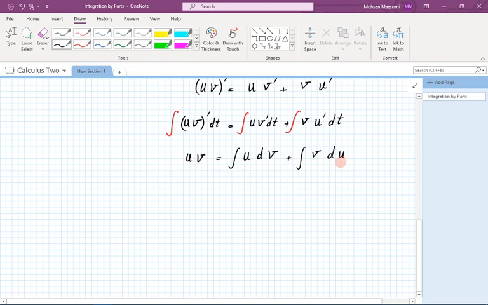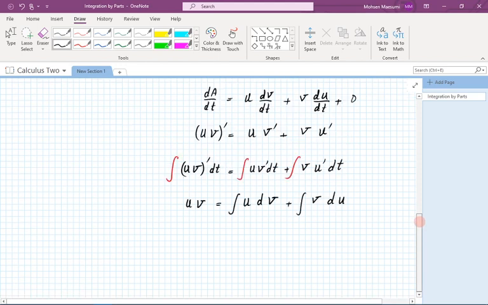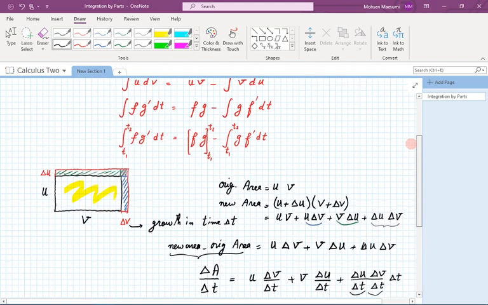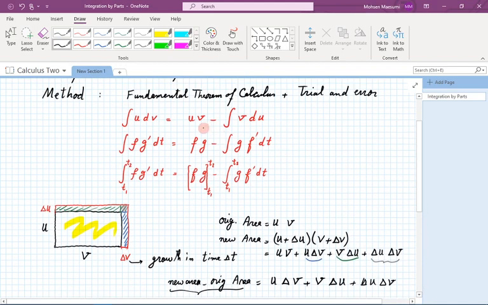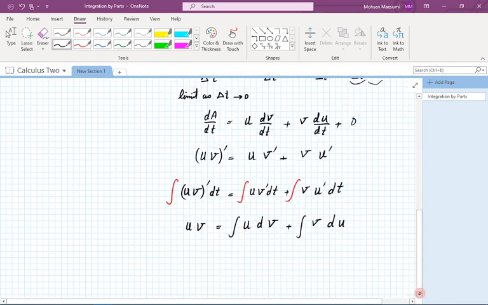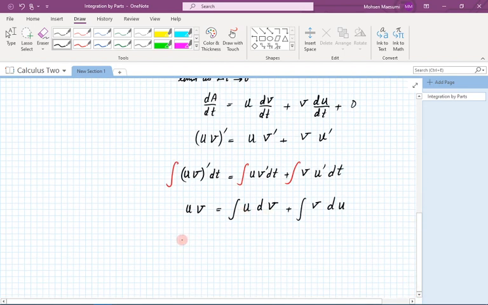Now you can take any of these things to the other side and you will have your integration by parts formula. It doesn't matter who you leave on one side and who on the other, just copy this thing. So I take the integral of u dv, and I take uv and subtract this from that.